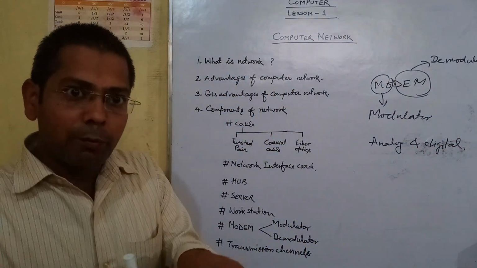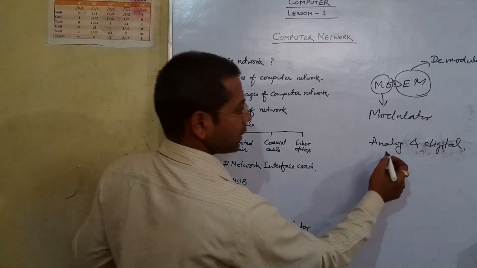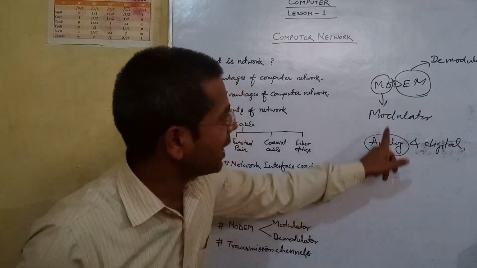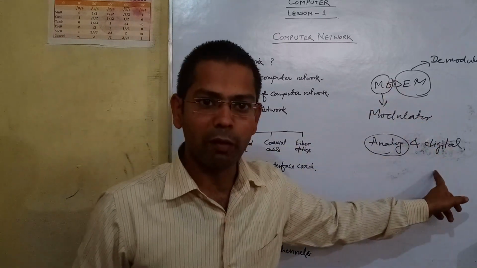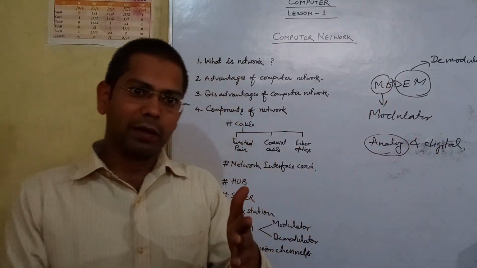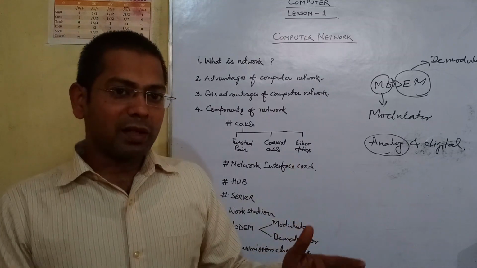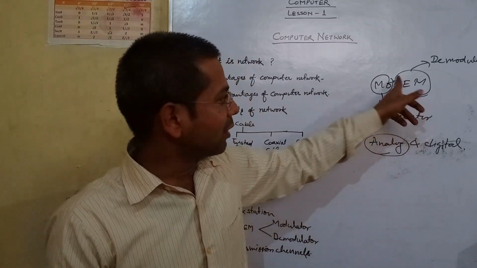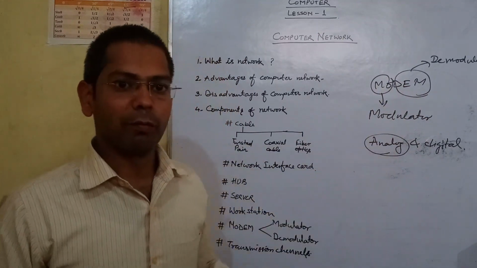Data comes to the computer in the form of analog, then the modem makes it into digital form, and afterward the computer gives the information to the modem and it converts it into analog form.